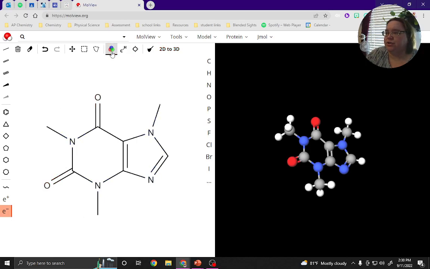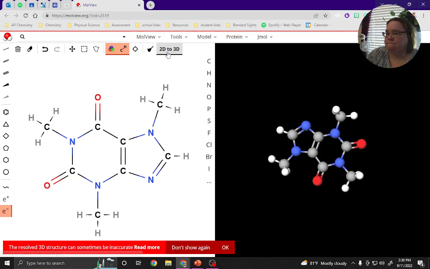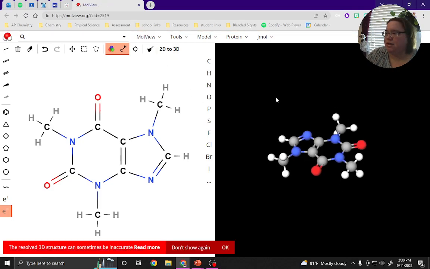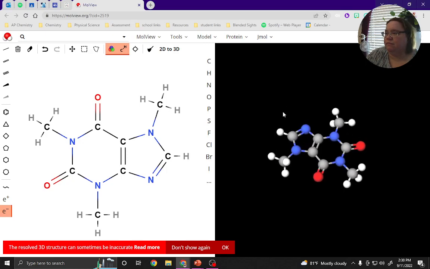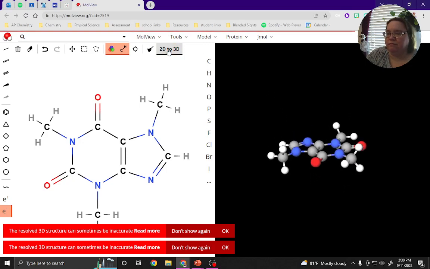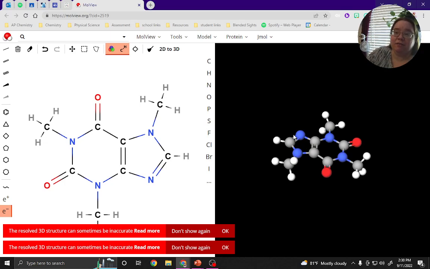Let's see if I can get it to show the 3D a little bit better. Okay, so yeah, that's as good as I'm going to be able to get with the Molly View.